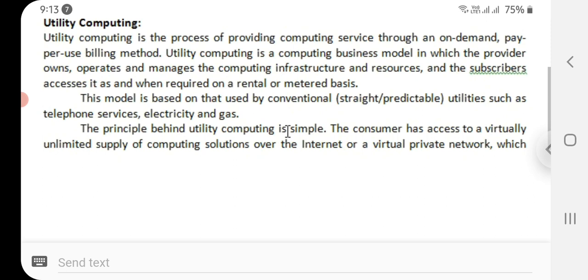So the principle behind utility computing is simple. The consumer has access to a virtually unlimited supply of computing solutions over the internet or a virtual private network, that is VPN, which can be resourced and used whenever required.